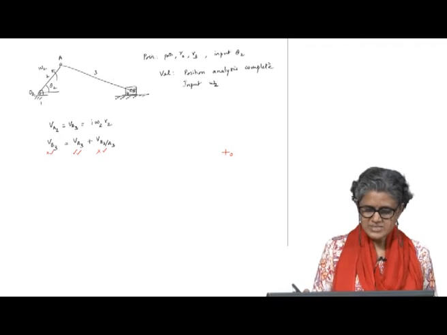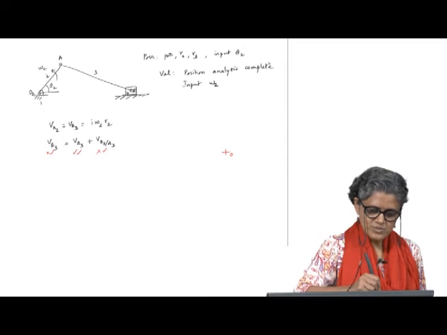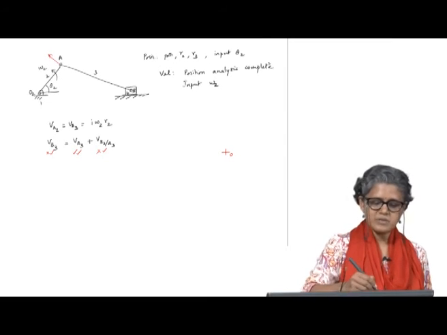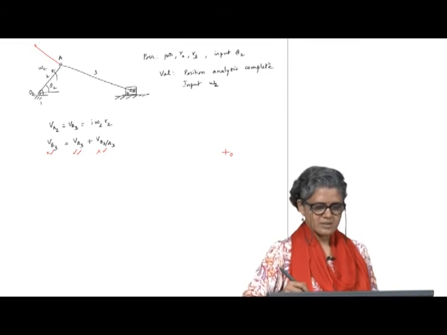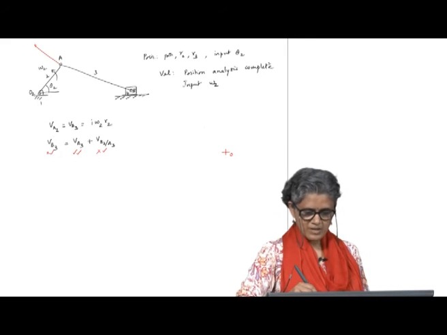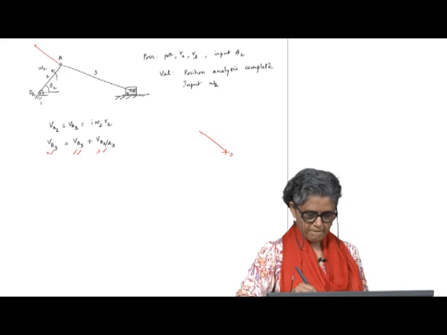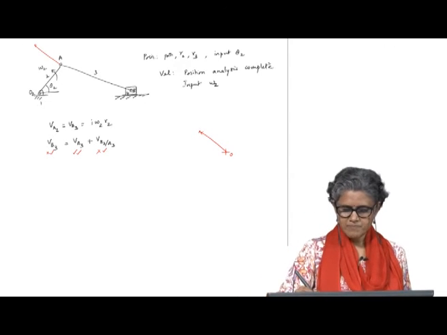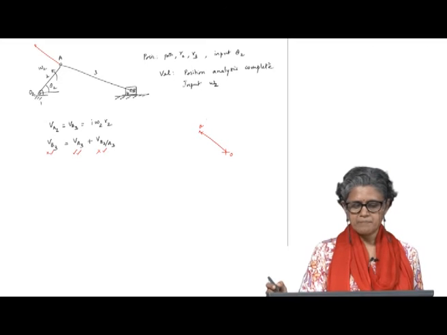Because omega 2 is counterclockwise, this will be my vector. Let me take a bigger scale. This will be point A on the velocity diagram.